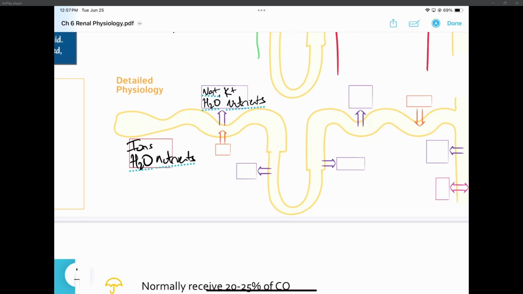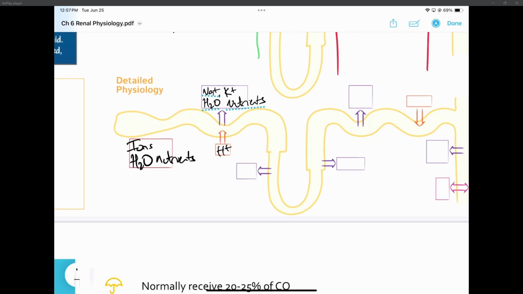So sodium, potassium, water, and nutrients. We're going to add in, or this is where it could potentially be added in, hydrogen. What is that term called when we add in hydrogen outside the Bowman's capsule? Secretion. So we're secreting hydrogen into the proximal tubule in this area.